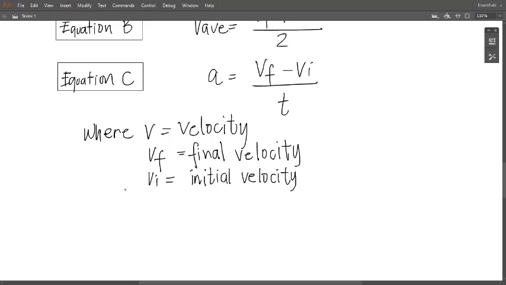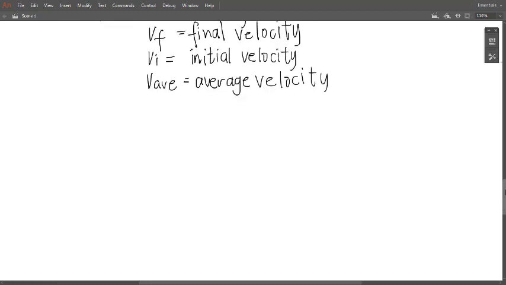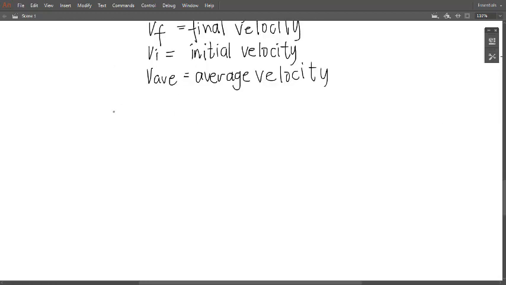After initial, we have Vav, or what they call average. After Vav, we have d, means distance or displacement.